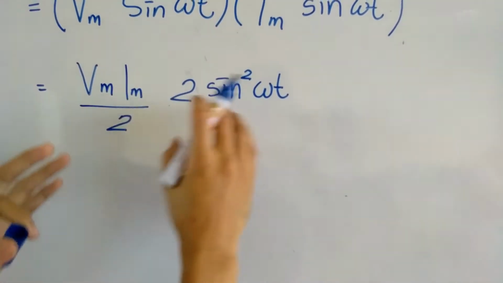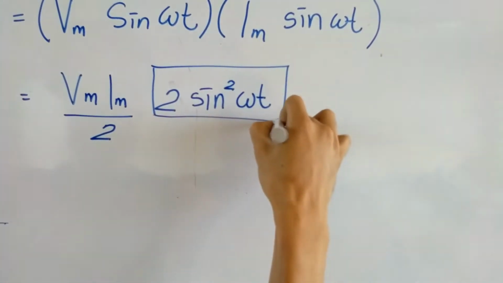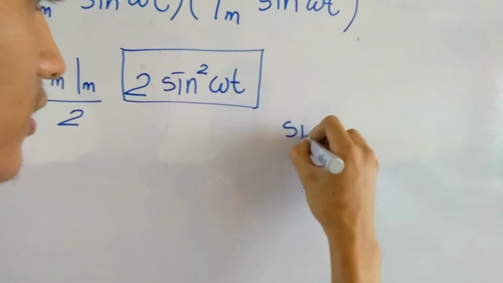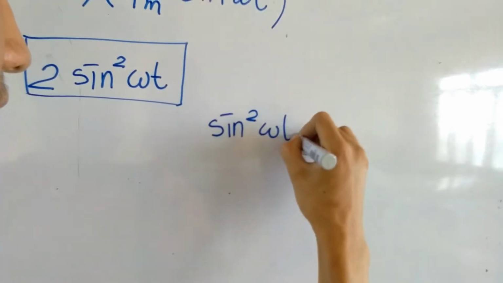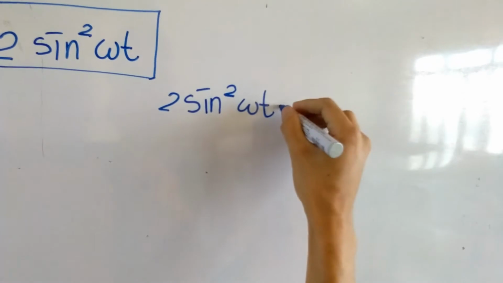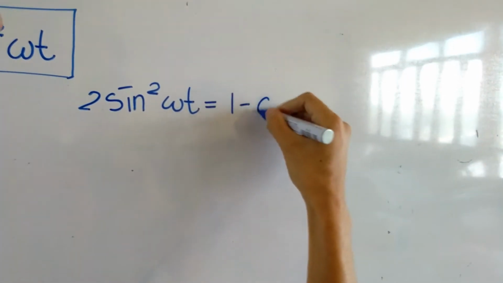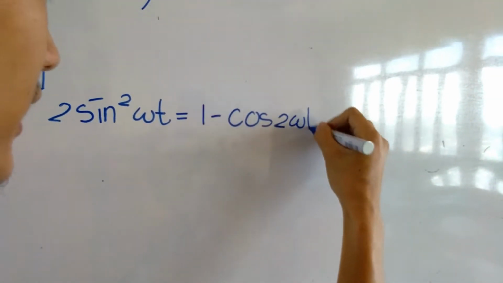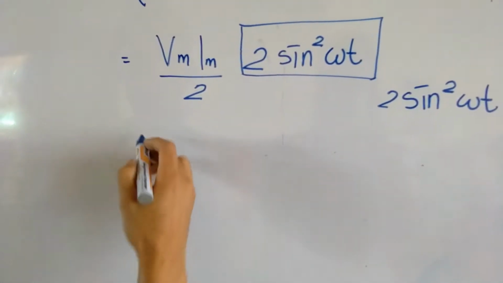Now, we take the substitution: 2 sine squared omega t is equal to 1 minus cosine 2 omega t. Take a closer look.